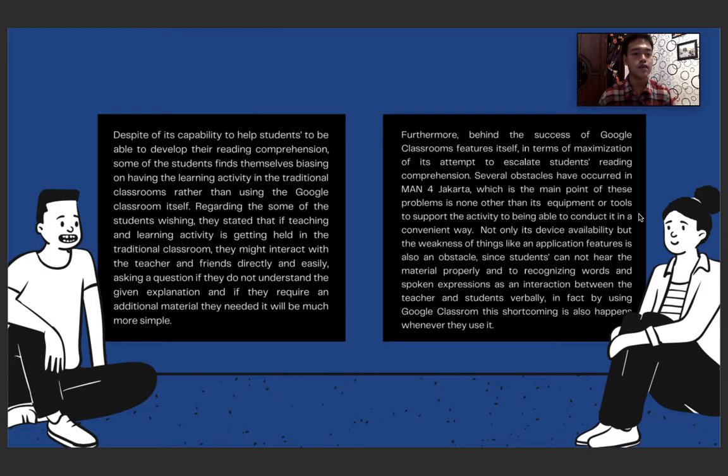Not only device availability, but the weakness of application features is also an obstacle, since students cannot hear the material properly or recognize words and spoken expressions as verbal interaction between the teacher and the students. In fact, when using Google Classroom, these shortcomings also happen.